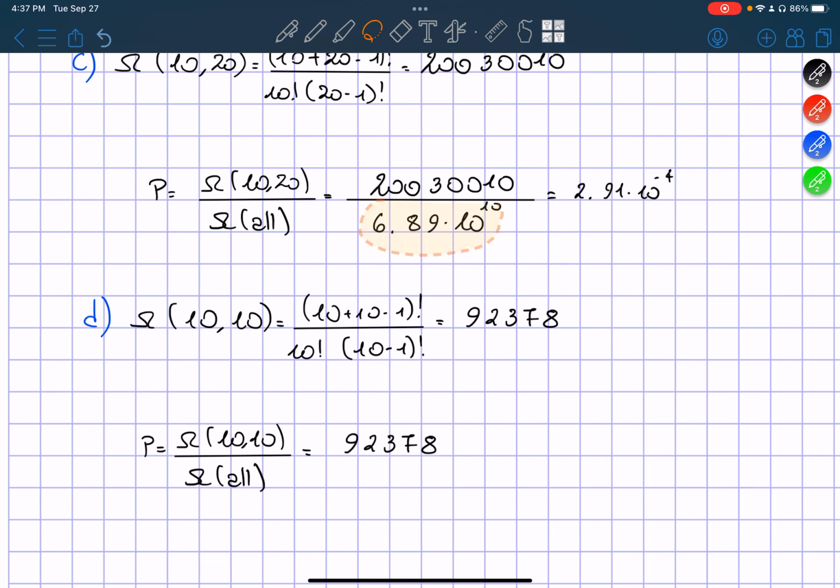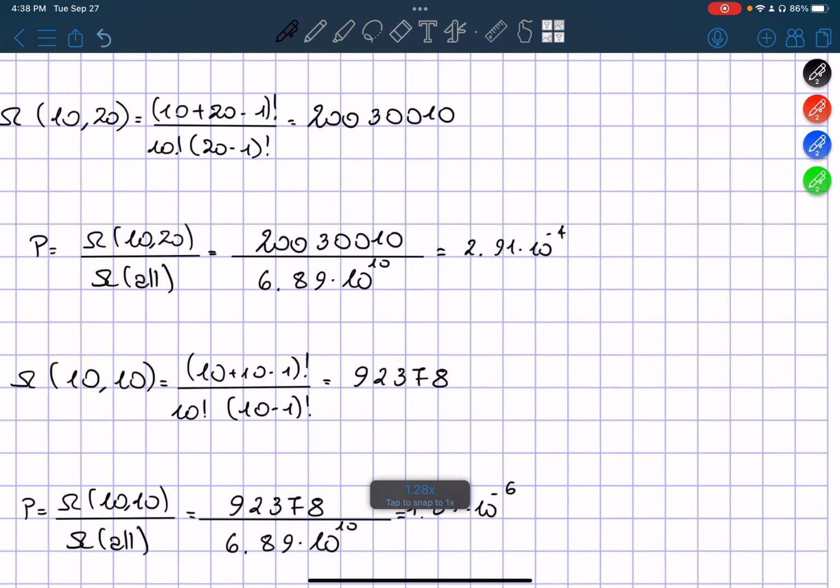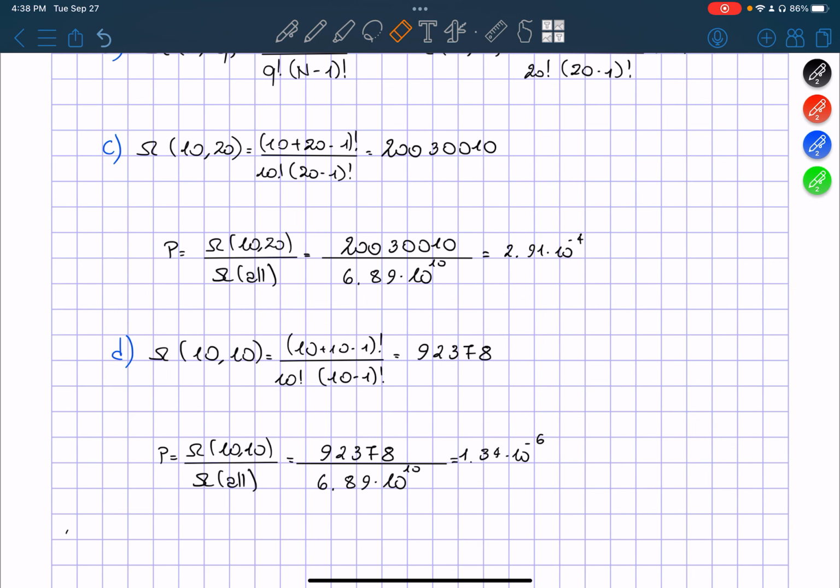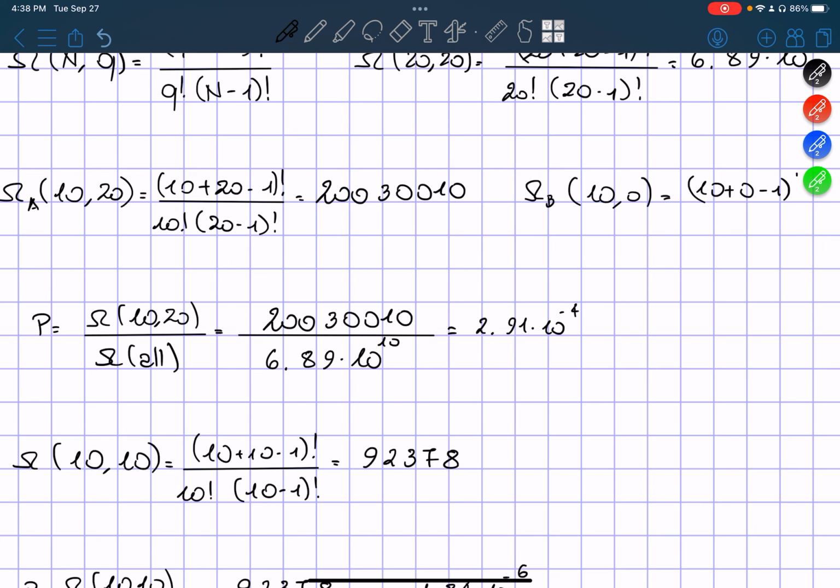Of course, because here I didn't have to multiply by anything, because we had all the energy in one object. This is for object A, but then we have to find the one for object B. In this case we have no energy, but still 10 oscillators, so we have 10 plus 0 minus 1 factorial divided by 10 factorial times 0 minus 1 factorial.